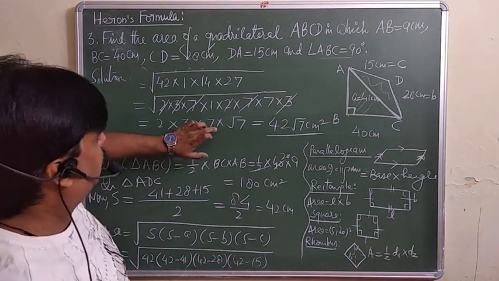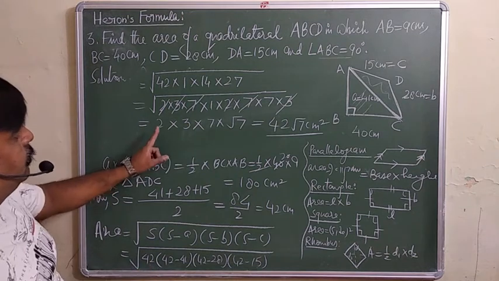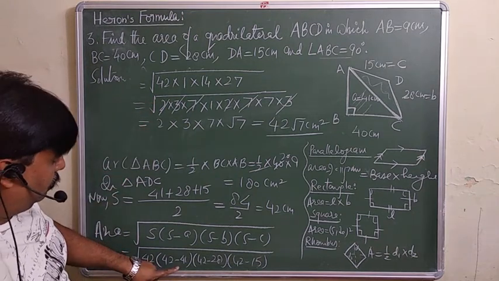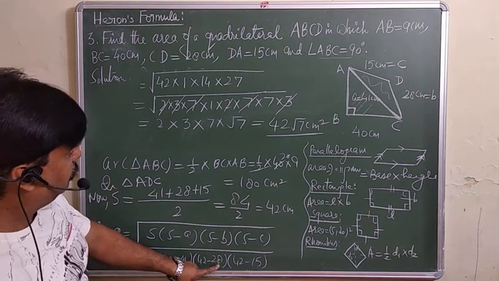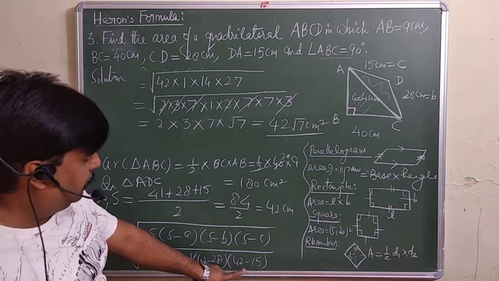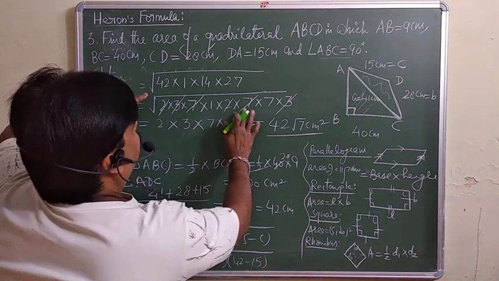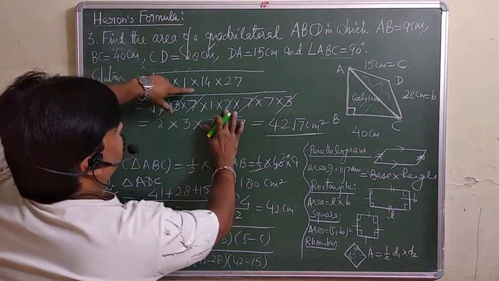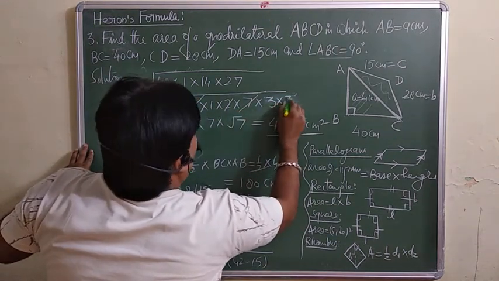Let me see here only some calculation. 42 into 1 into this is 14 and here is 27. Here we were counting this is 2 into 7, here this is 3 into 3 into 3.